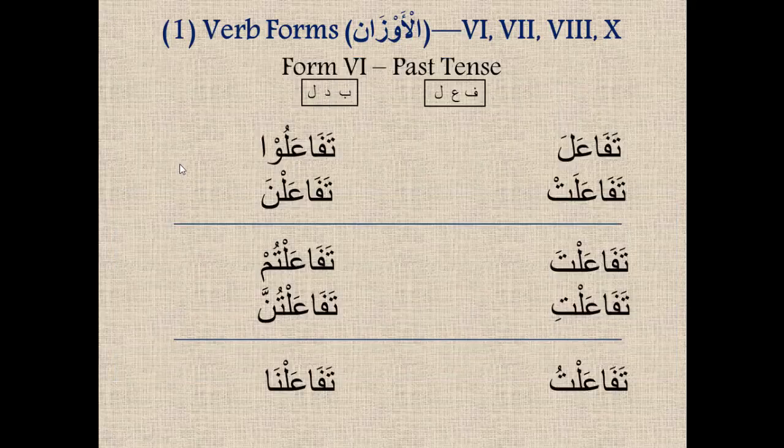Let's go through the conjugation of one form 6 verb with the root letters ba, dal, and lam.